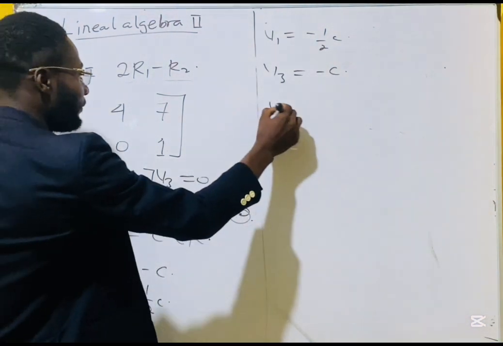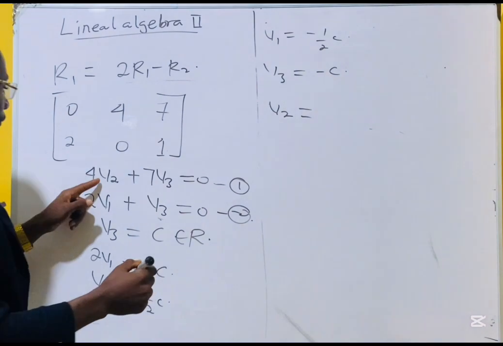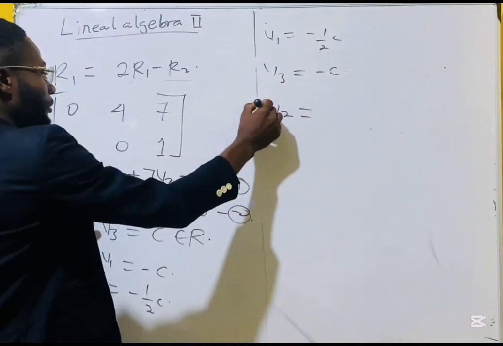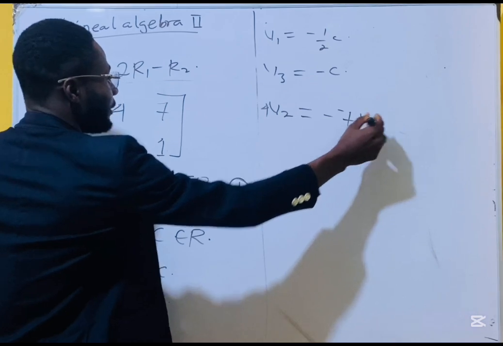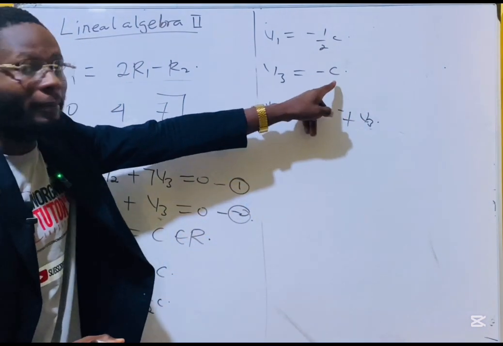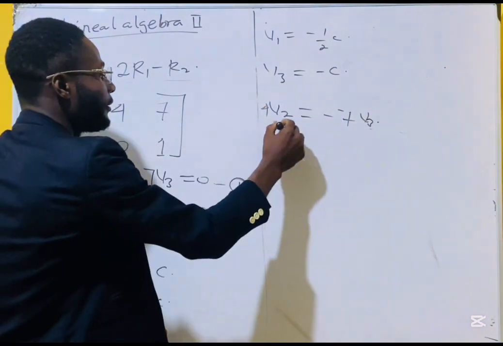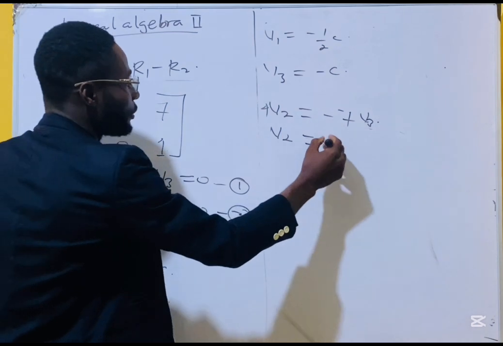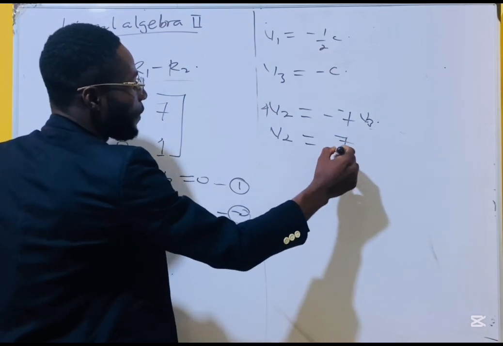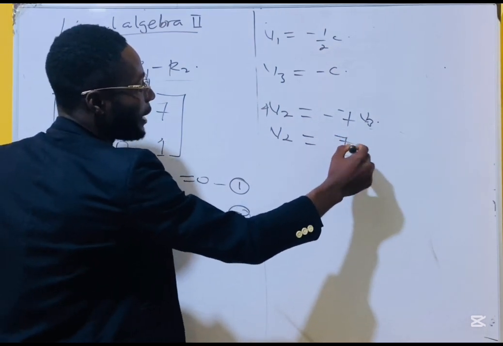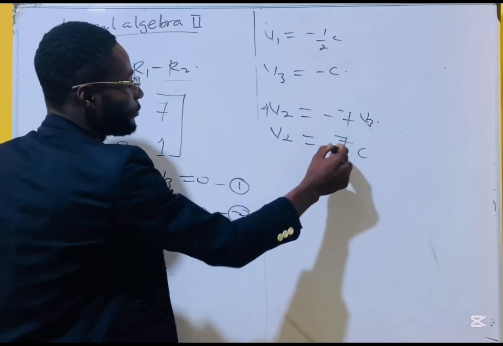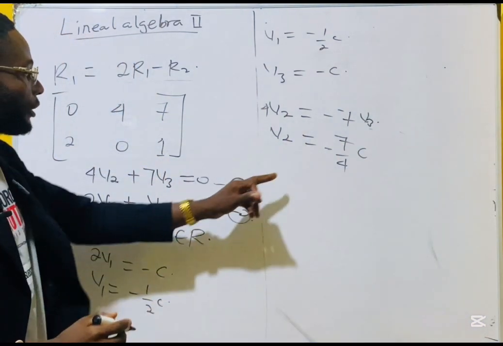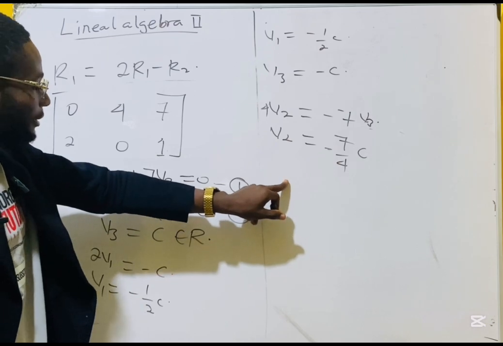And now we can look for V2. So we say that V2 should be equal to minus 7 V3, right? And V3 is C. So we have V2 to be equal to 7 on 4, negative of that, right? So we're going to have the constant.